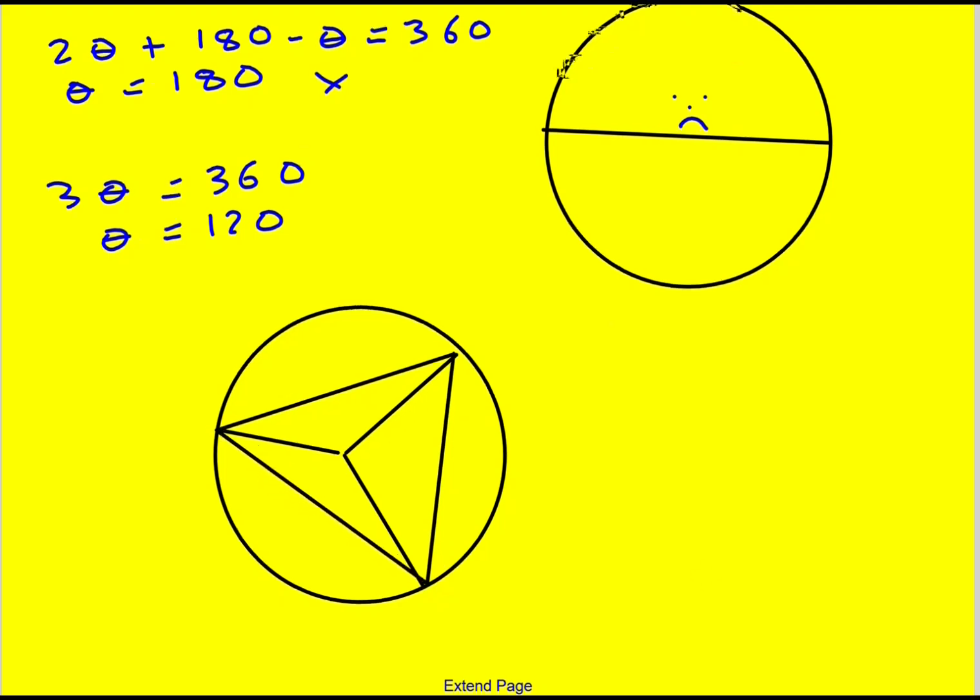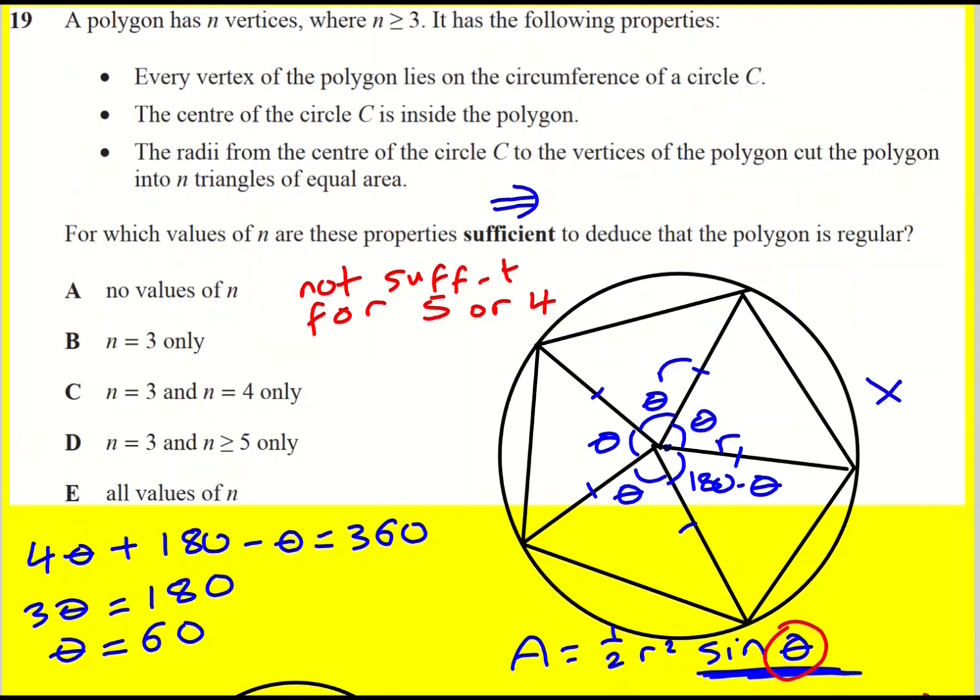So what I'm saying is actually it is sufficient when n is equal to 3, because we saw what happened when we tried to have two triangles with one angle and then a different one with a different angle that was 180 minus the other angle to get the same area. Actually, it just fell apart because theta ended up being 180.